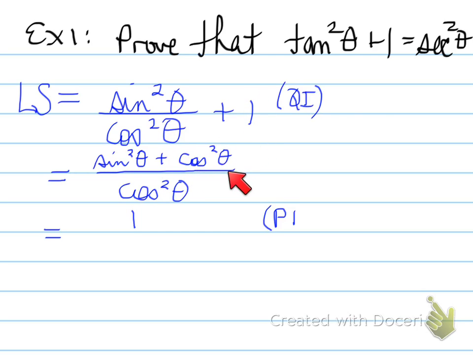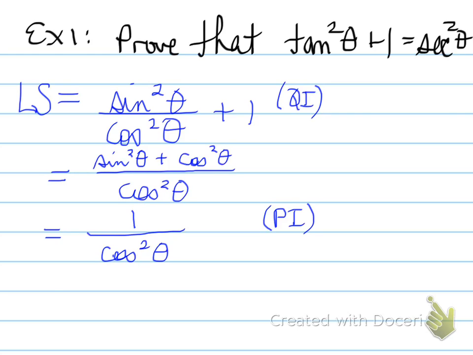We have that. You should notice on the top, automatically, woohoo, we see sine squared theta plus cos squared theta. We have something that we know we've seen before. Remember that sine squared plus cos squared is actually equal to 1. 1 over cos squared theta, and we use the Pythagorean identity. So you must list the PI. Finally, look at 1 over cos squared. I've seen that before.